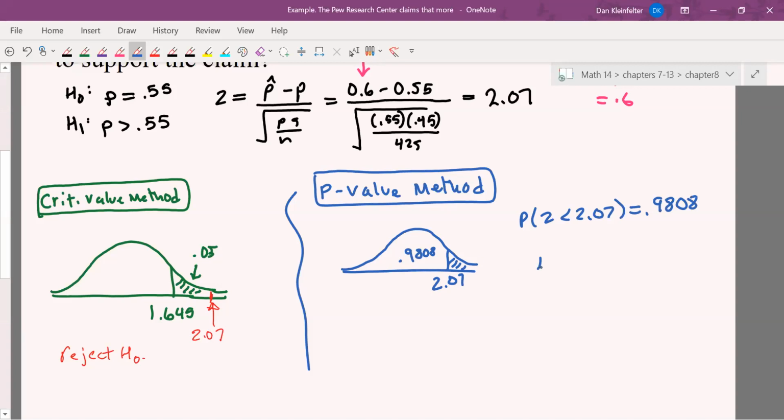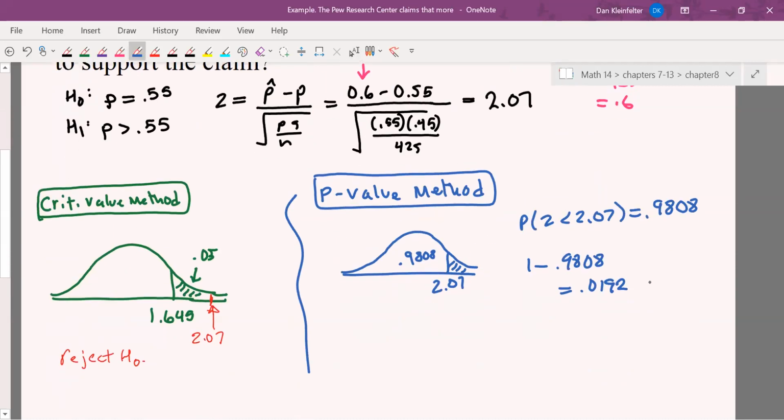We wanted the right tail, so we'll subtract from 1, and that's 0.0192. Okay, and that's less than 0.05, which was our alpha. Since that probability is less than our alpha, we're going to reject the null hypothesis.